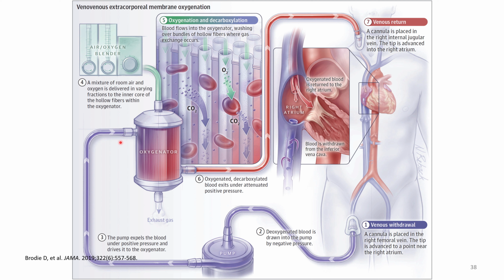And then this goes back through the pump into the body. So this is a big machine, and as you can imagine, the blood is going through this big machine, so volume of distribution changes, but ultimately drugs can also get stuck in this machine, so that will affect your drug levels or concentrations.